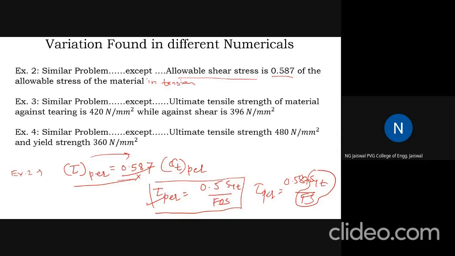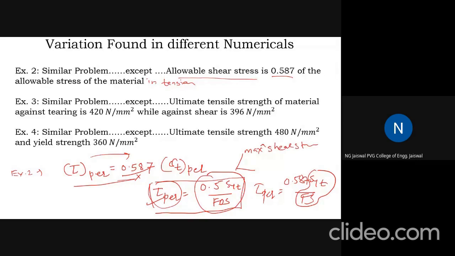Are you following this? In fact, let me tell you at this point that when we write the equation this way, that permissible shear stress is 50% of permissible tensile stress, this relation is obtained by using one theory called the maximum shear stress theory.